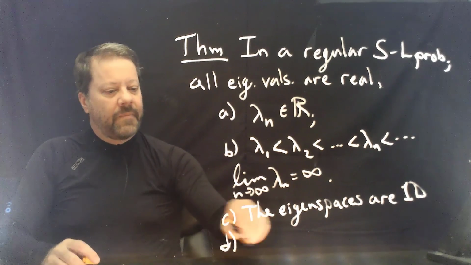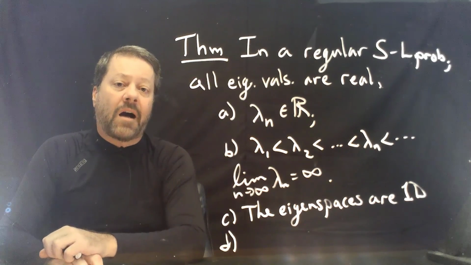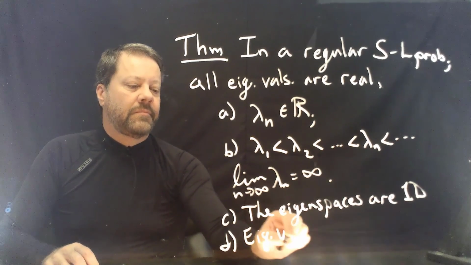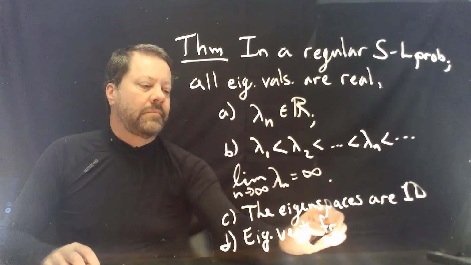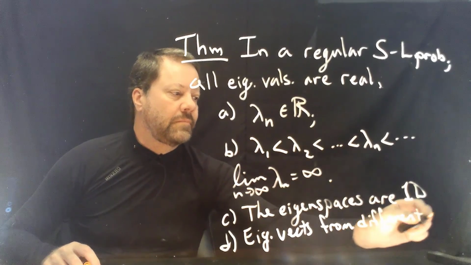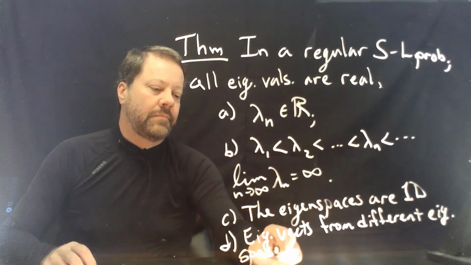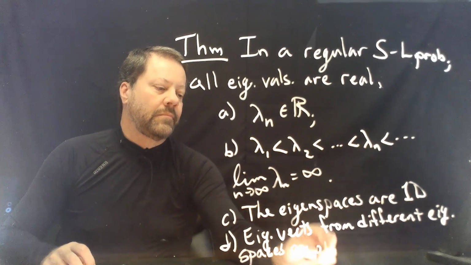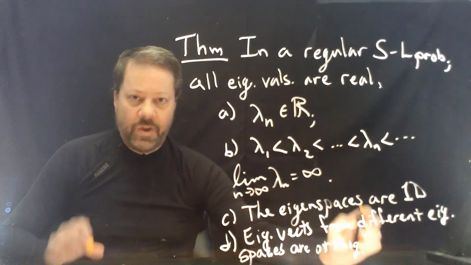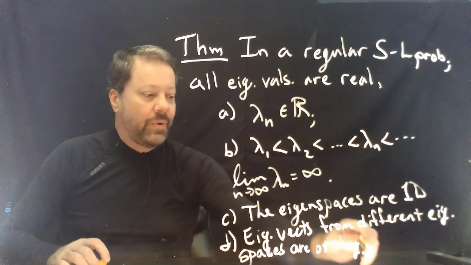And also, the eigenvectors from different eigenspaces are orthogonal, assuming that we're using an inner product with a weight equal to r of x.